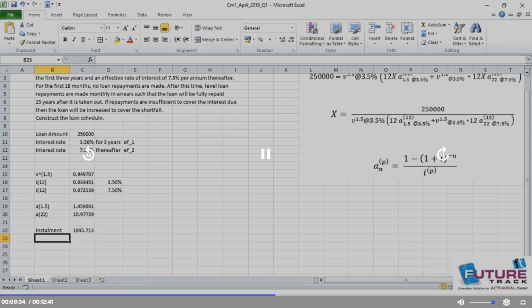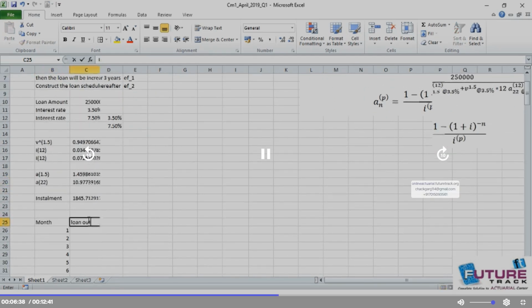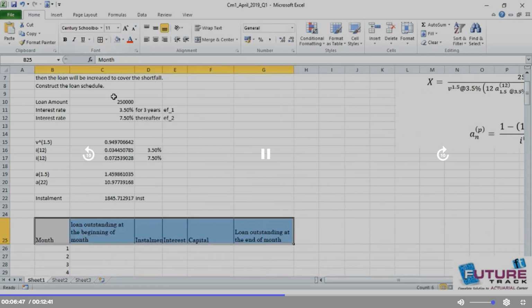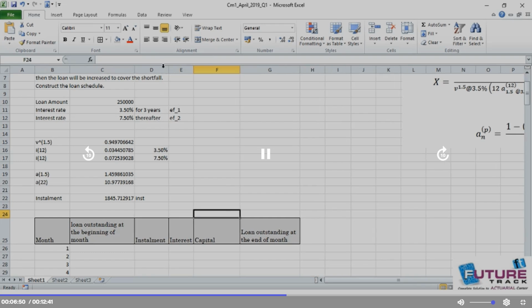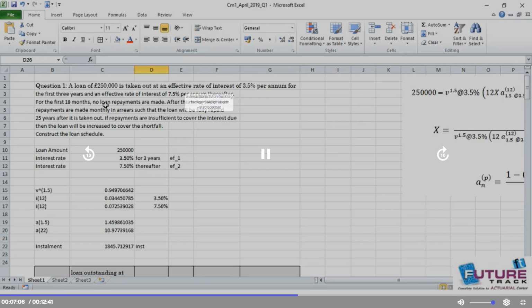Fine. Now we have to make a loan schedule also. So for loan schedule we have, at the beginning of year. Okay. So what is the loan outstanding at the beginning of the month? So we have 2,50,000. We have taken the interest. See, in the question it is mentioned for the first 18 months we have no repayments.